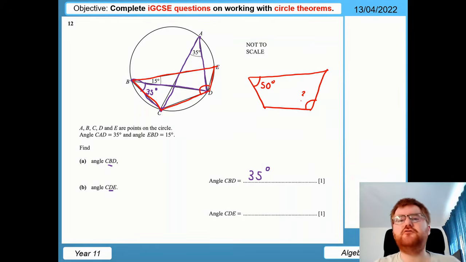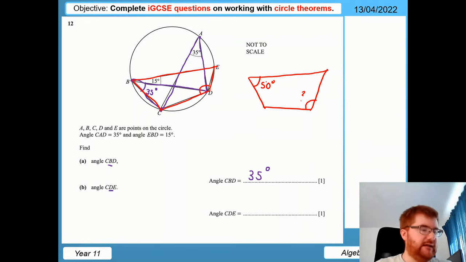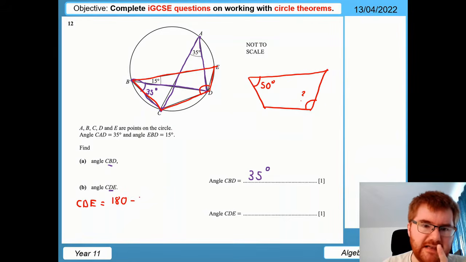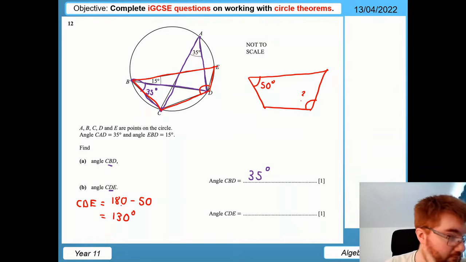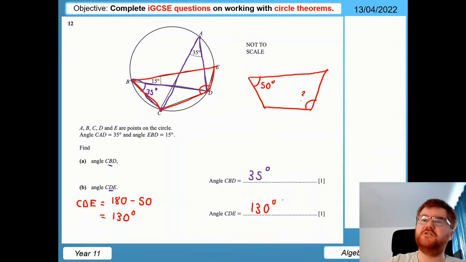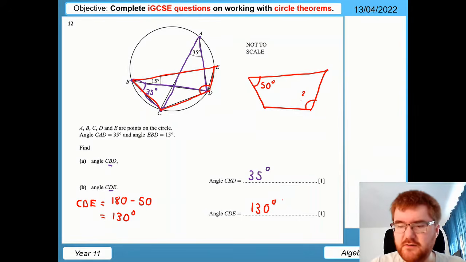Okay, so once you've drawn it out like this, it becomes much more clear that this is a cyclic quad, and then we just do our usual process. So the angle CDE is equal to 180 minus the angle opposite, which is 50, and that gives us 130, which I did take away correctly this time. Again, which is 130.